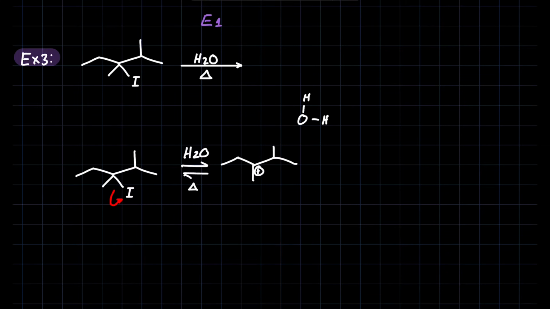But the main question is, which hydrogen are we going to steal? Our two main options, which will have the most substituents for our new alkene, is we can steal a hydrogen on the left side of the carbocation, or we can steal a hydrogen on the right side of the carbocation. Now, whenever you are presented with a reaction like this, where you can either steal one hydrogen or the other for E1 reactions, I always want you to ask yourself, which reaction is going to make the most stable alkene?